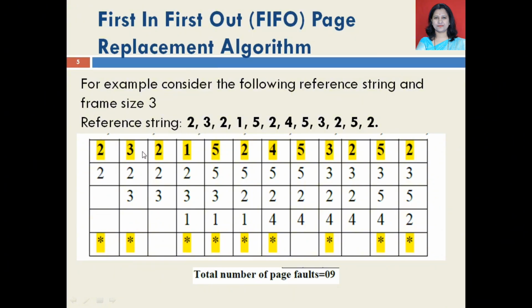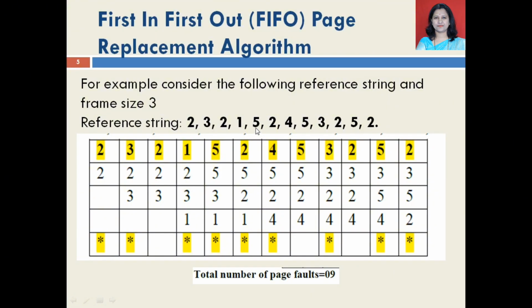Next is 3, which gets placed after 2. Next 2 comes again, but 2 is already there, so page fault will not occur. Next 1 is placed at the last position in the frame, so it becomes 2 3 1.